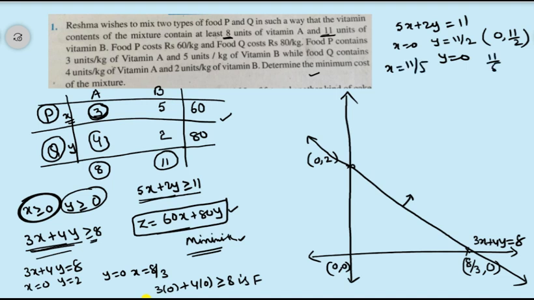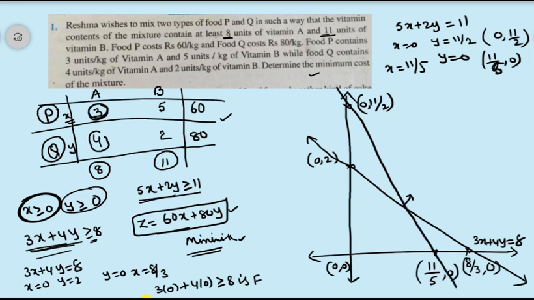So we have another point, that is (11/5, 0). The point (0, 11/2) is somewhere here, and somewhere here you will get (11/5, 0). The straight line is passing through these 2 points.